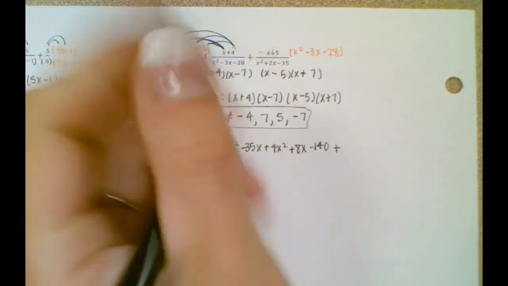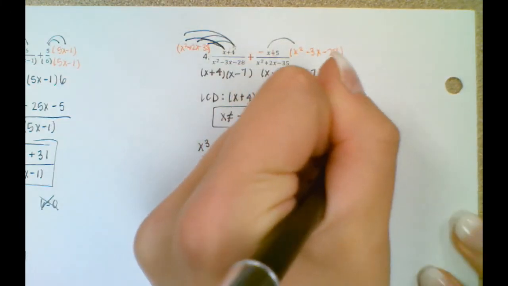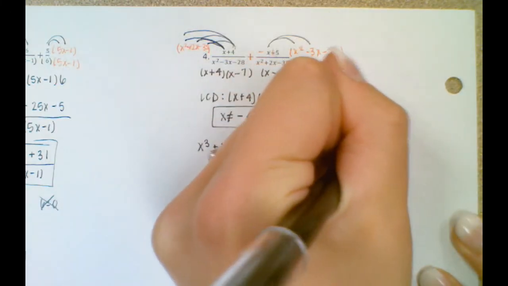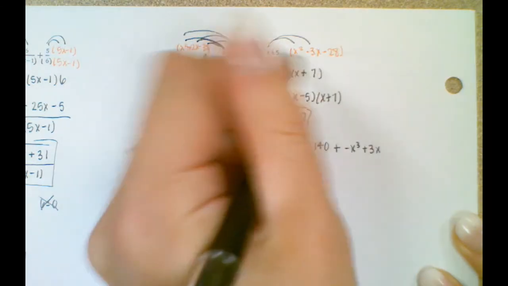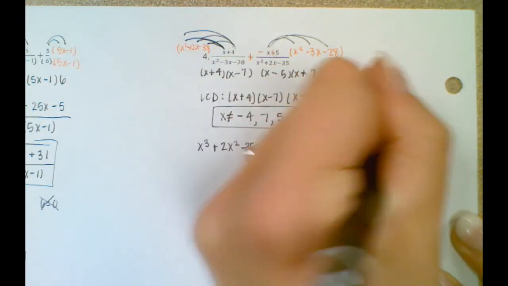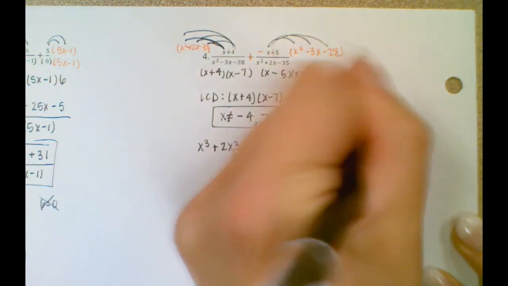Plus, this is wild, sorry, negative x to the third, positive 3x, positive 28x. And these should actually be squared.